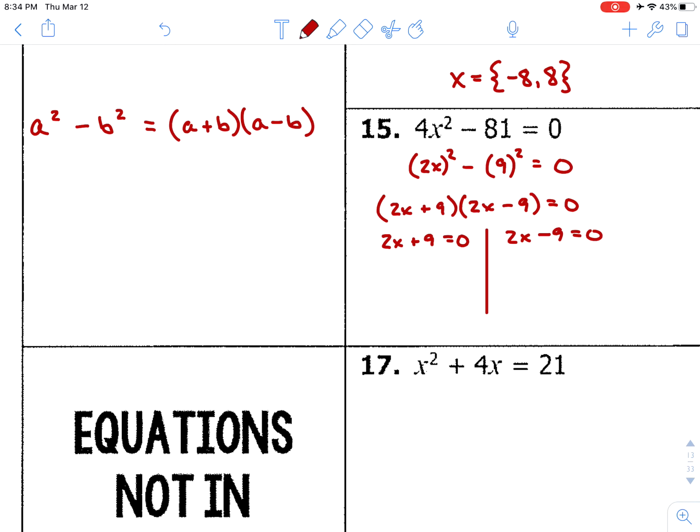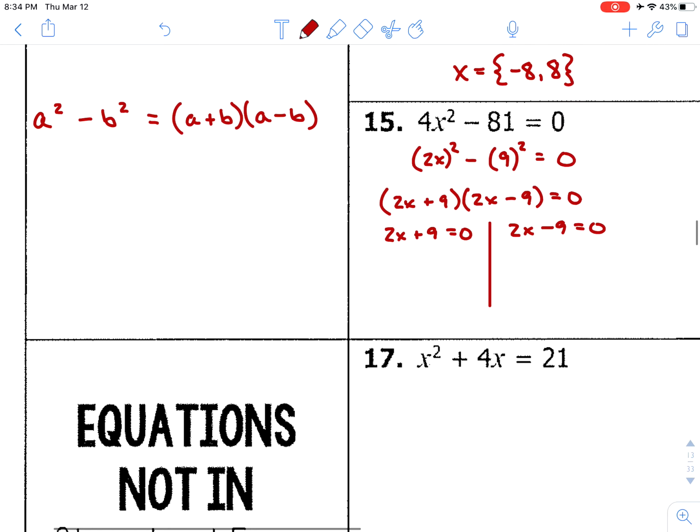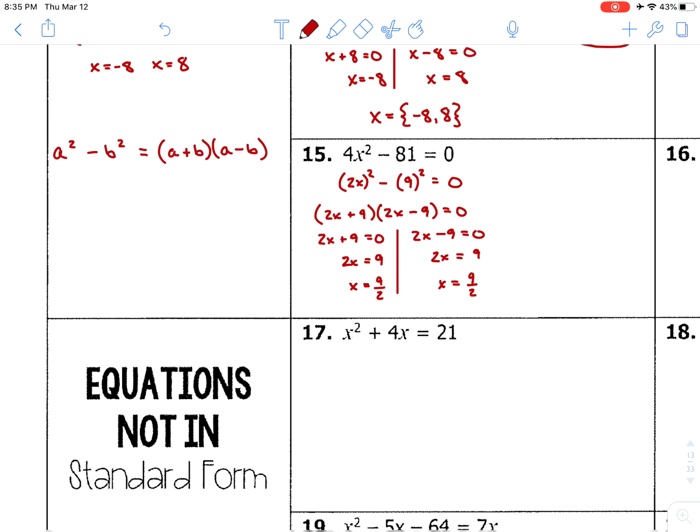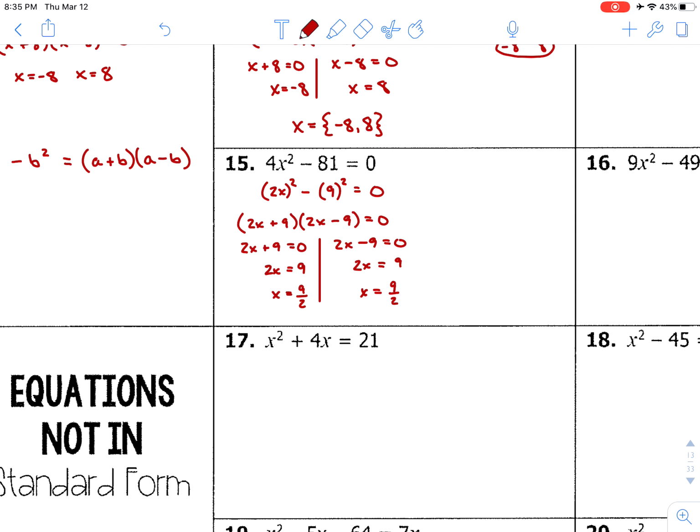Now in this case, I'm going to have multiple steps. On the left, I'm going to subtract 9 on both sides. I'm going to have 2x equals 9. And when I divide both sides by 2, I get x equals 9 halves, or 4.5. And on the right, I'm going to add 9 to both sides, and I get 2x equals positive 9. And then when I divide by 2, I get x equals 9 halves, or 4.5. Okay, I'm going to leave them as fractions for right now.